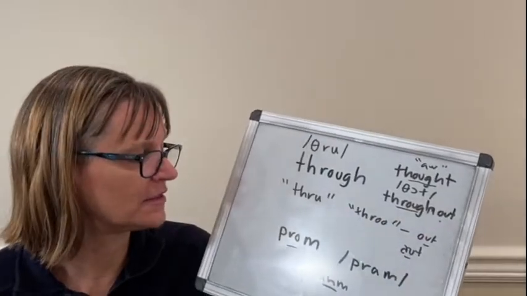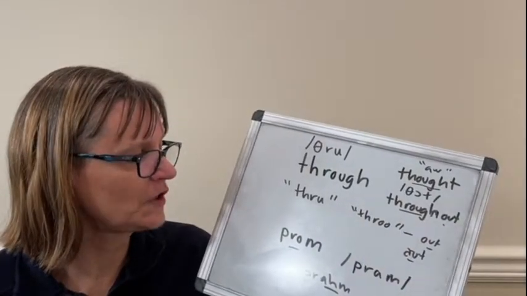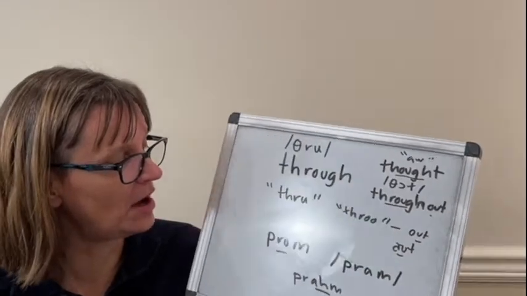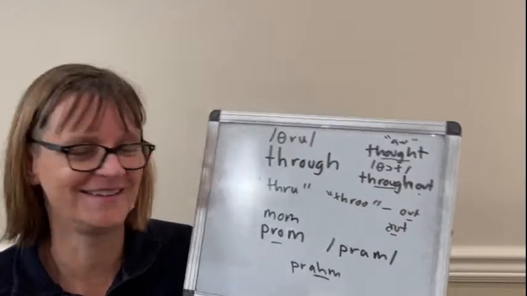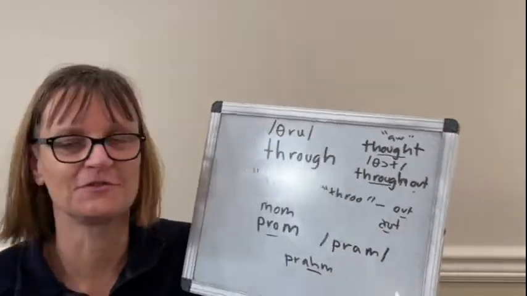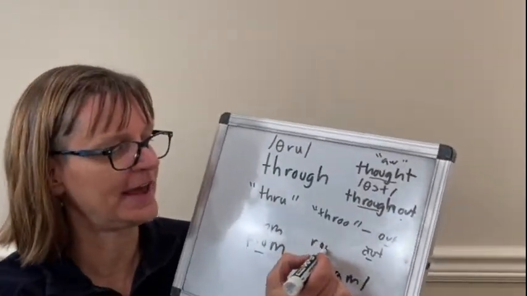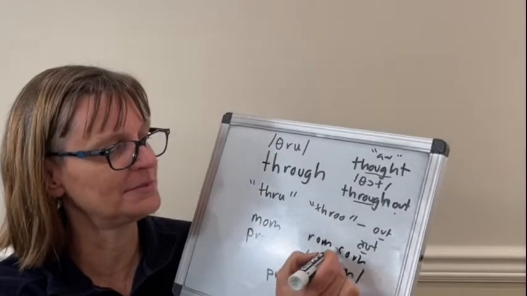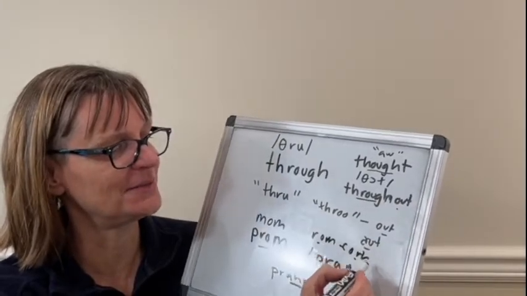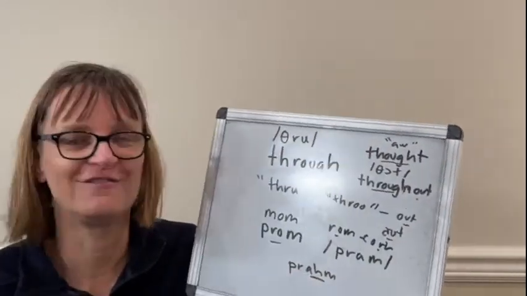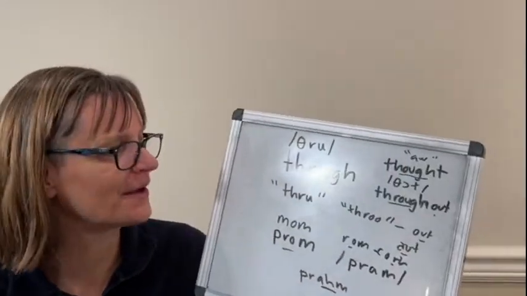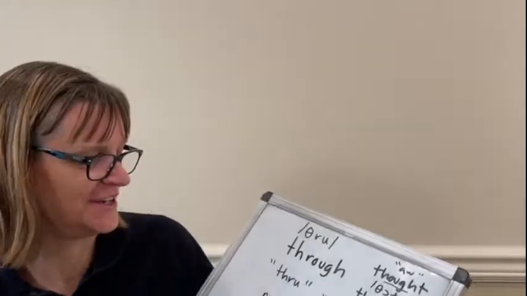It rhymes with words like mom, maybe one way to think of it. Mom and prom go together. We also have a category of movies we call rom-coms, which is short for romantic comedy, but we use that ah vowel in all of those words. Great questions. Thank you so much.